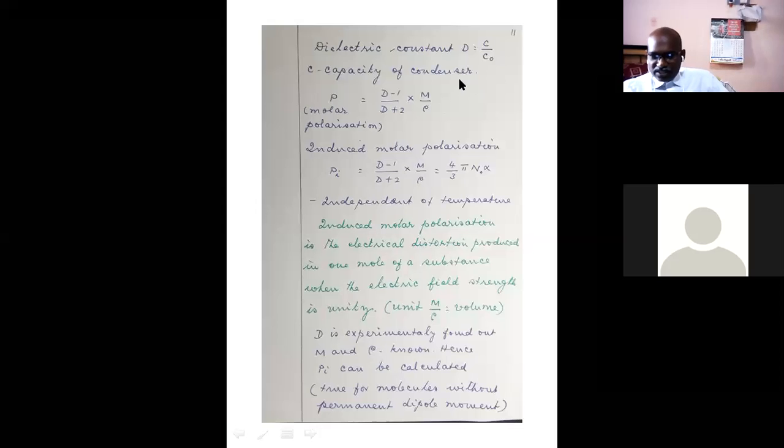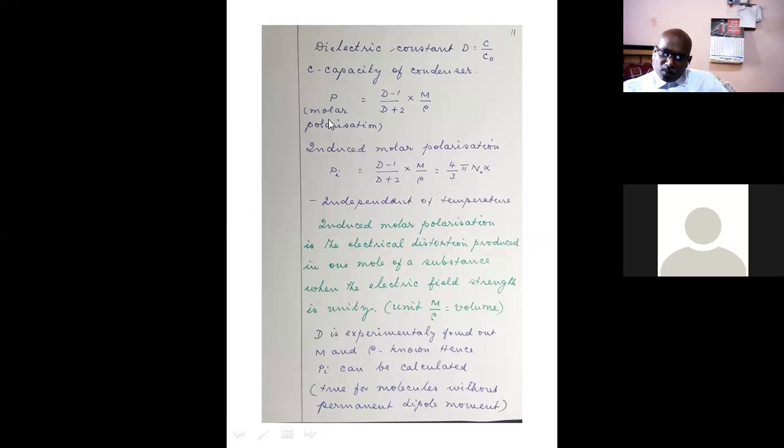So the ratio of the capacitance with the substance as the dielectric to the capacitance with the vacuum as the dielectric is called the dielectric constant.